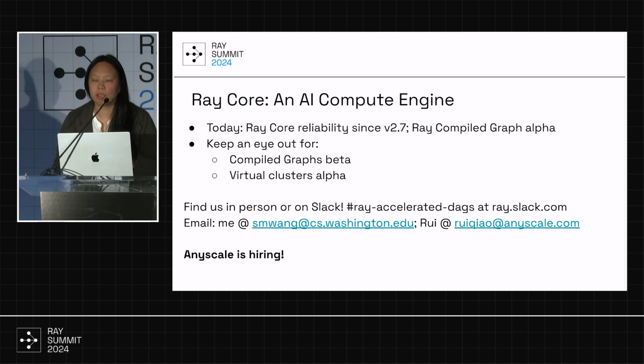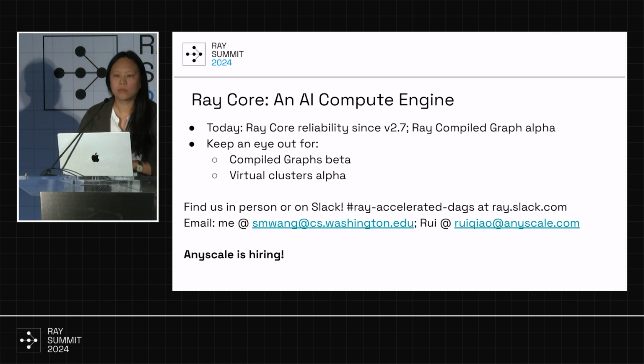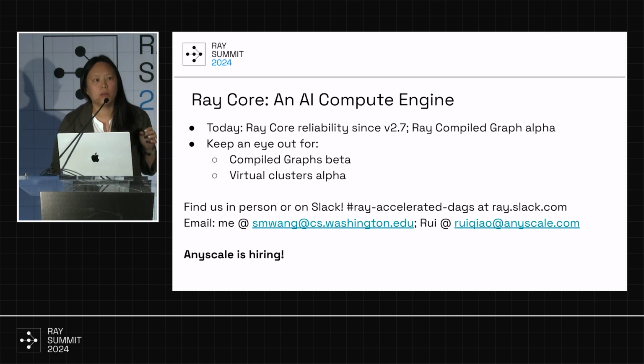So going back to the failure case for compiled DAG where a node fails or something, what does the user see? Yeah, so the question was about the failure case where a node dies. What does the end user see?